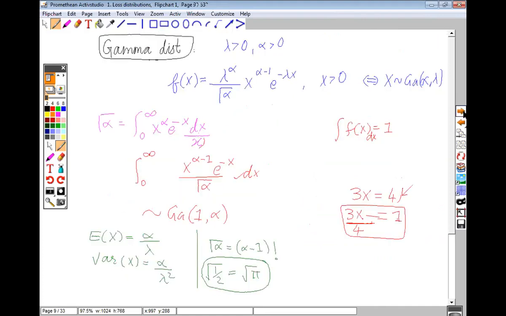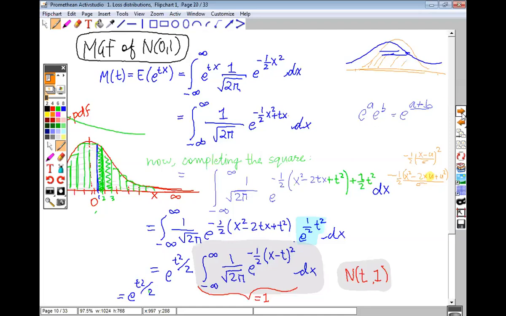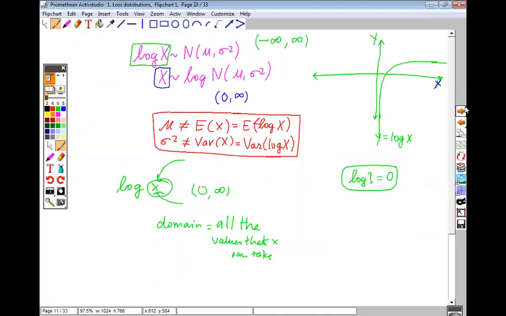Then we had a look at the MGF of normal 0, 1. Here we used the technique of completing the square, where instead of trying to solve this integral, we completed the square and compared it with another normal distribution which had mean t and variance 1. That is how we evaluated the MGF of normal 0, 1.